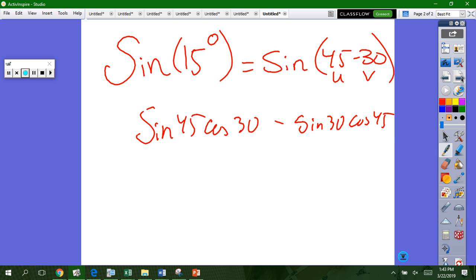Exactly. That's why I'm saying exactly. So this is how you get that. Square root of 45. What's the sine of 45?